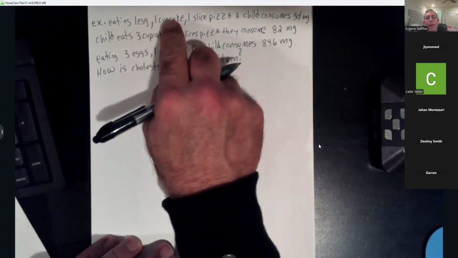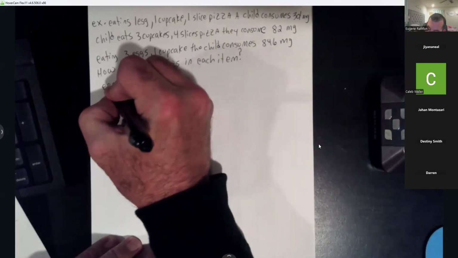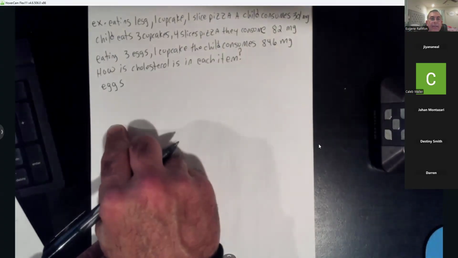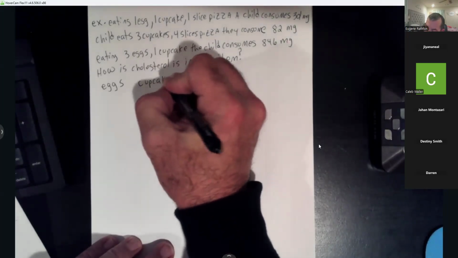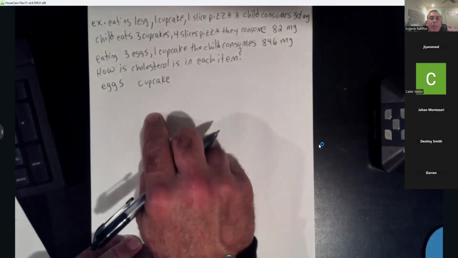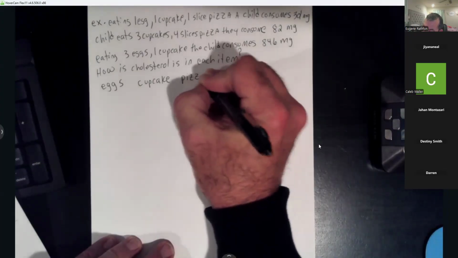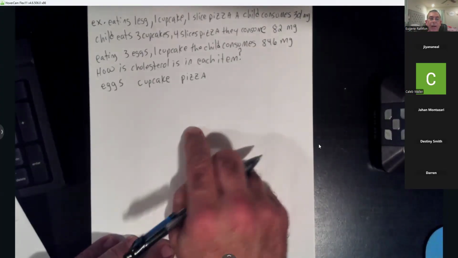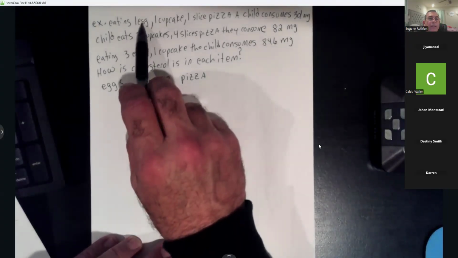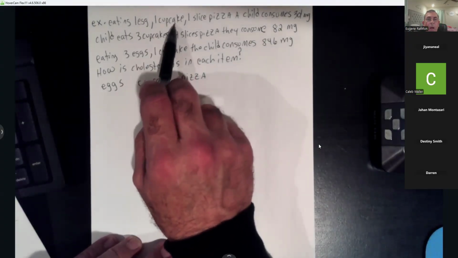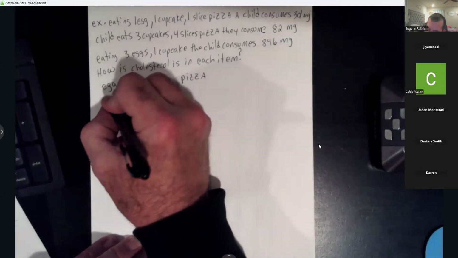So since we're talking about eggs, cupcakes, and pizza, I'm going to let my eggs be my X's. My cupcakes will be my Y variable. The pizza will be my Z variables and then whatever they equal. So y'all, for my first sentence, X plus Y plus Z equals 301.